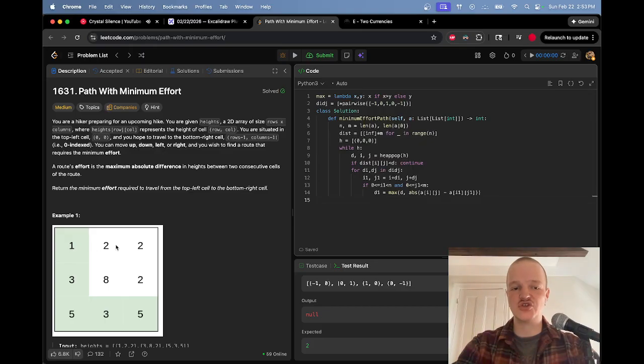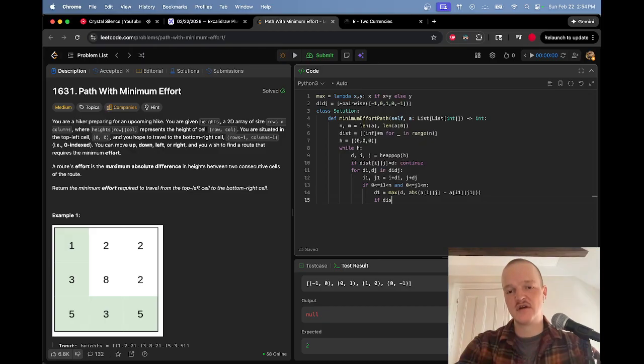And then we can say, did you find a quicker way to get there? So if we went 1, 2, 2, 2, we're here, and we're trying to get to this 5, we're saying, hey, you have to take a leap of this absolute value difference of 3. Is that worth it to get to this 5, or was there some faster way? Spoiler alert, there was.